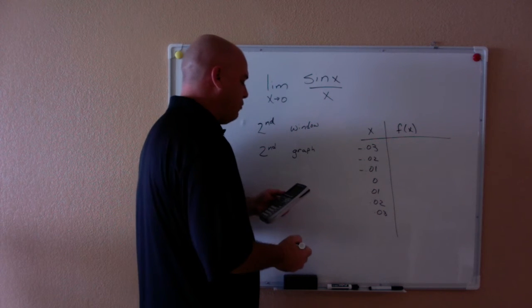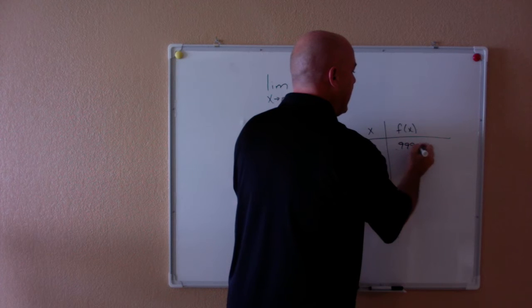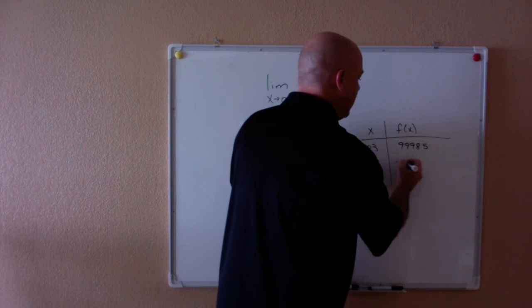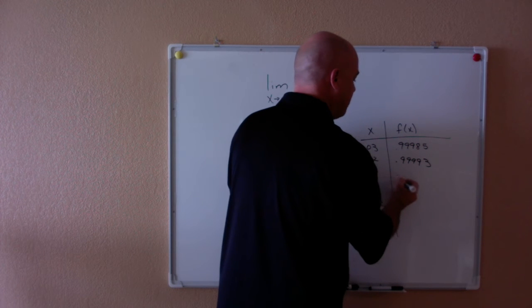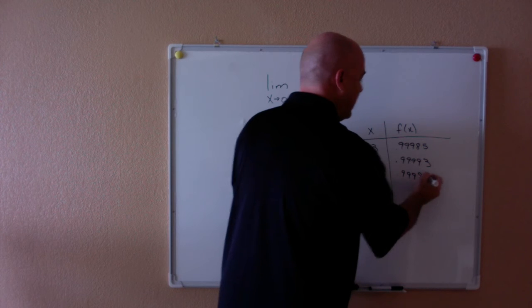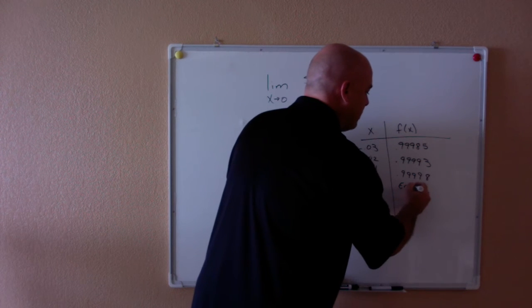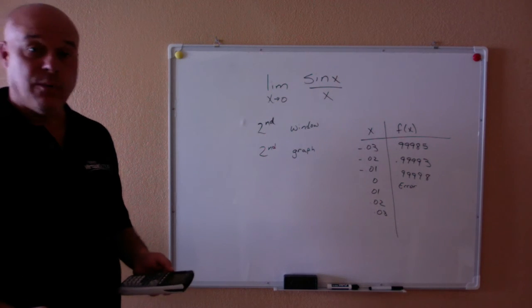And the function value for negative 0.03 was 0.99985. At negative 0.02 it was 0.99993. And at negative 0.01 it was 0.99998. At 0, I got an error, which doesn't surprise me because I knew that it wasn't going to evaluate this thing at 0 anyway.